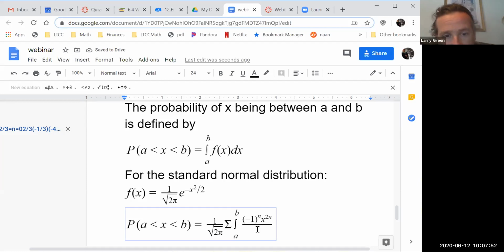And then we have an over 2, so that becomes over 2 to the n times n factorial, dx.